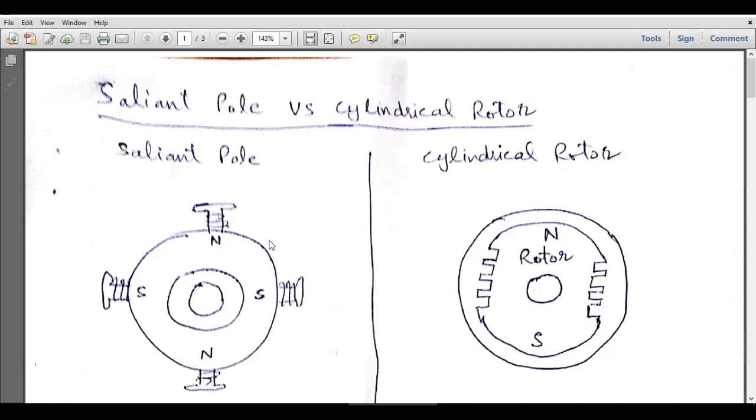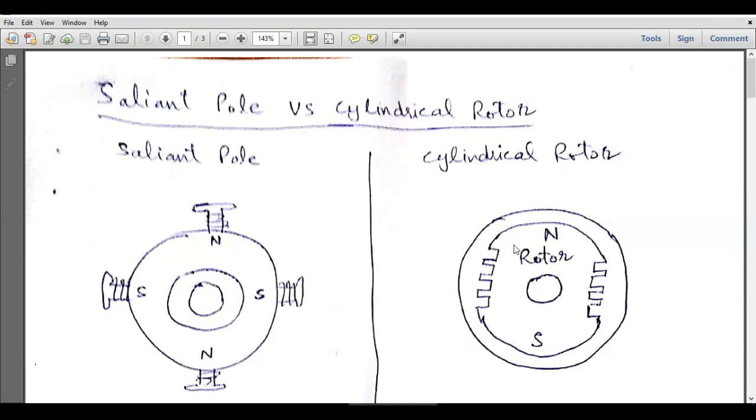When such a motor is run at high speed, vibration and oscillations are produced, and this also produces noise whenever such a motor is running at high speed. So such a motor is useful for running at low speed and high torque applications.